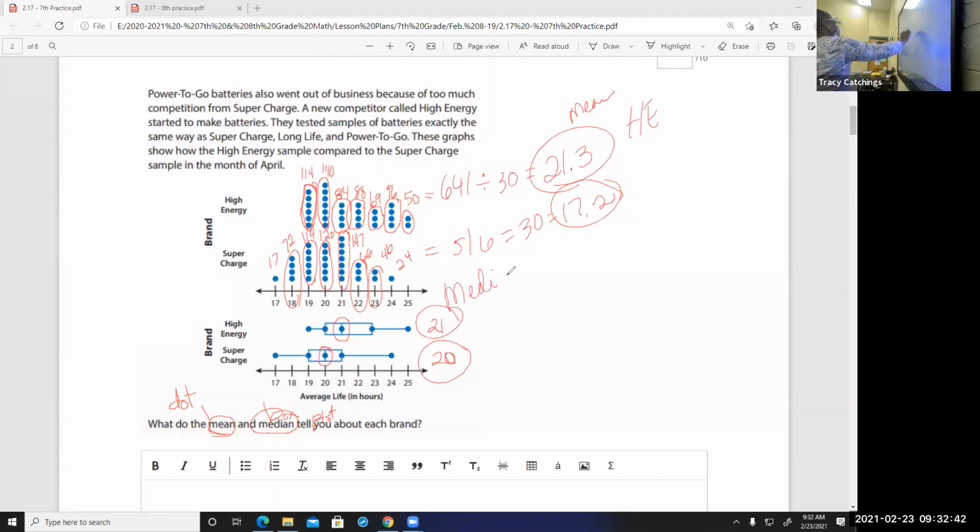And what was the median of high energy? The median at the bottom. Okay. So what does that tell us about high energy? What do you know about my mean is 21 and then my median is 21? But I mean, most of my points is pretty much what? At around what number? 21.